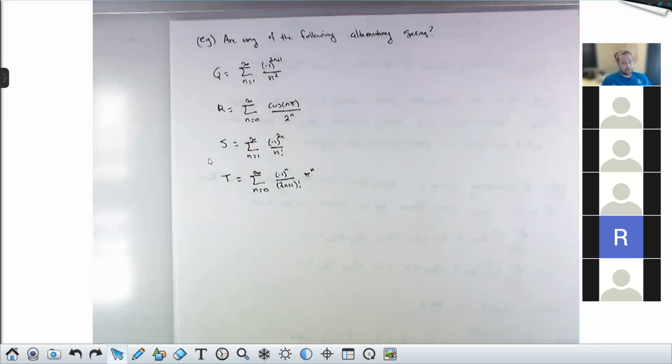All right. So for each one of these, I just want to answer, is it an alternating series? And if it is, can we write it in that form, sigma (-1)^n times bn, where the bn's are non-negative? And some of these might surprise you.